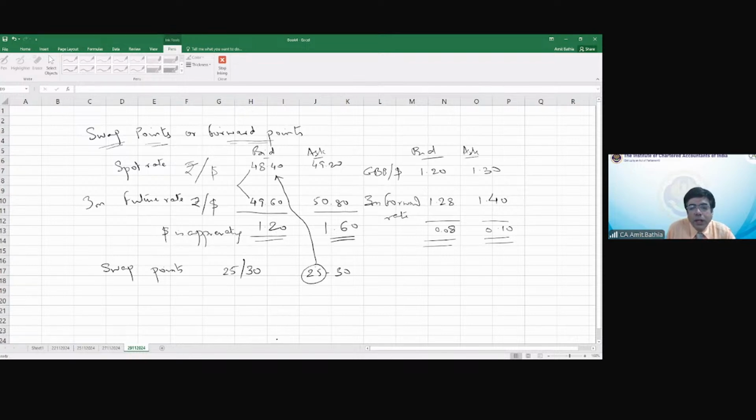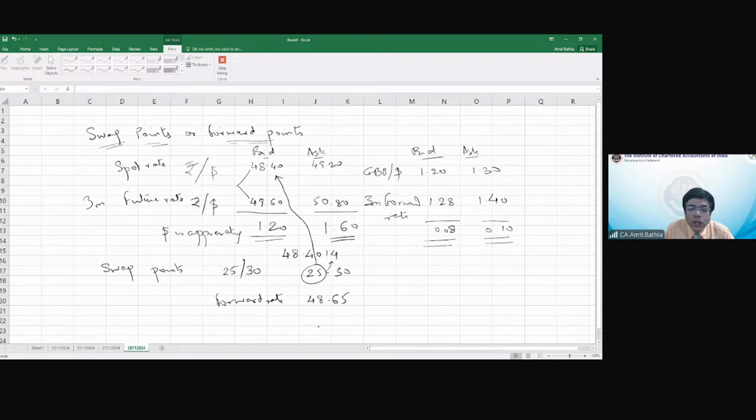So if my spot rate is 48.40 and I'm told swap points are 25 is to 30, then forward rate will be 48.40 plus 25, 48.65. Now always remember, swap points are always to be considered in the decimals. Those are always after the decimals, never before the decimals. So say, if your number is given to you as a 4-digit currency, let's say 48.4014, then in that case this 25 will be added into 14.